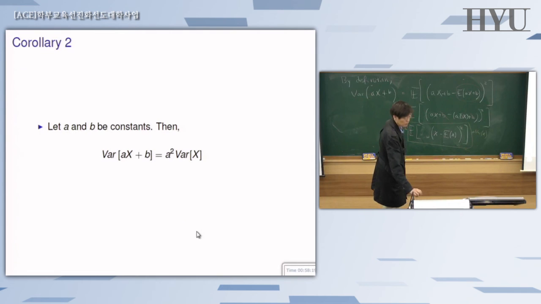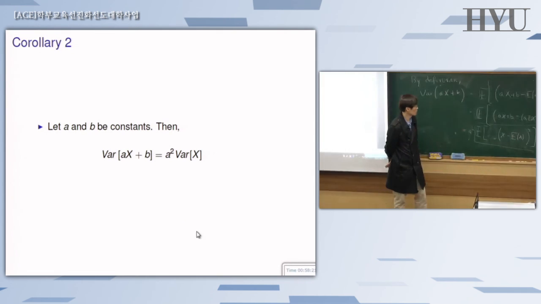Pretty simple. And it requires just 3 lines, 1, 2, and 3. But if you do it in a longer way, you still get the same answer, but it's just more tedious. So try to do it in a quicker way.